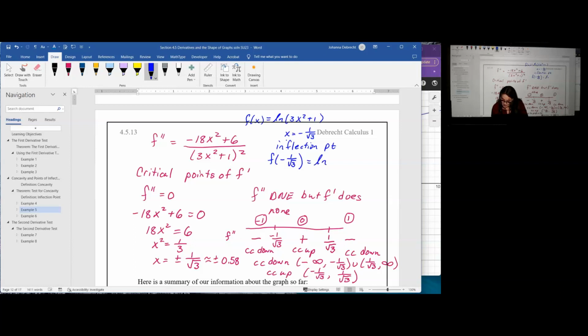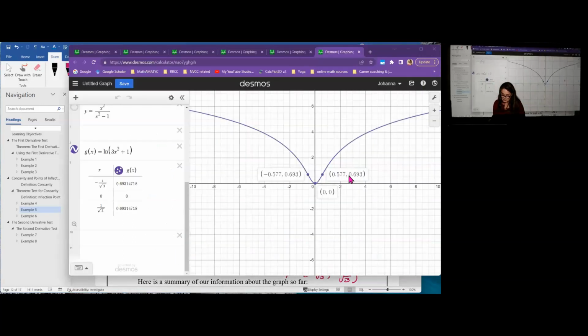This is going to give me the natural log of 3 times negative 1 over root 3 squared, which is positive 1/3. Then I multiply by 3 to get 1, and I end up with the natural log of 2. My inflection points are at plus or minus 1 over square root of 3, comma, natural log of 2. That's precisely where these dots on the graph occur.